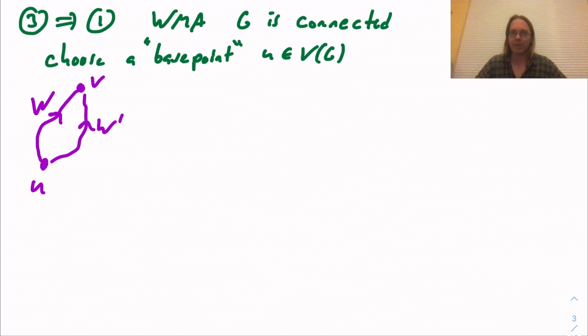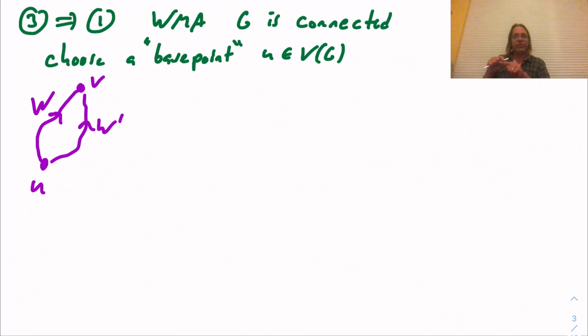And I know something about closed walks, right? We know that every closed walk has even length. That's the property we have. So we're assuming that our graph G has the property that there's no closed walk of odd length. In other words, every closed walk has even length.